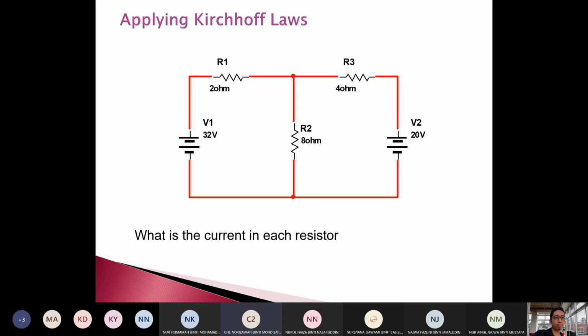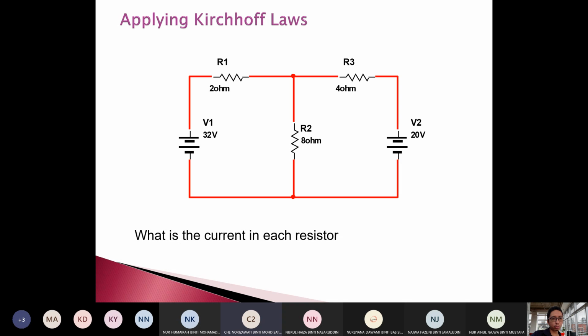So you can plug in the values over there. 32 equals I1, what is your R1 and R2? 2 plus 8, so it's 10 I1.